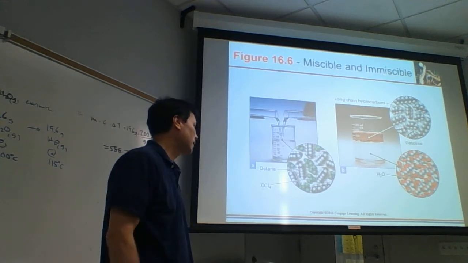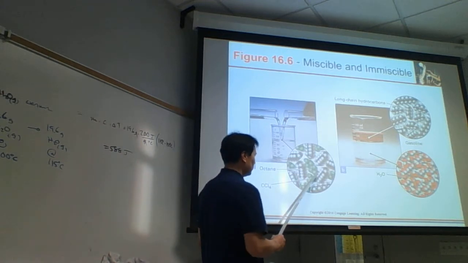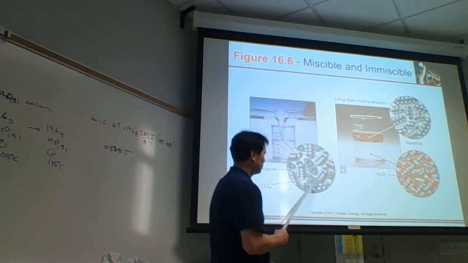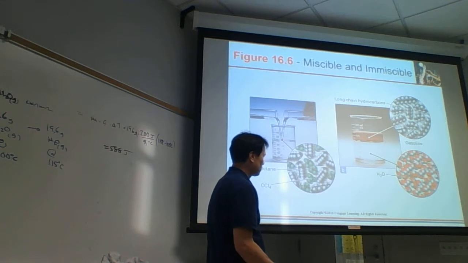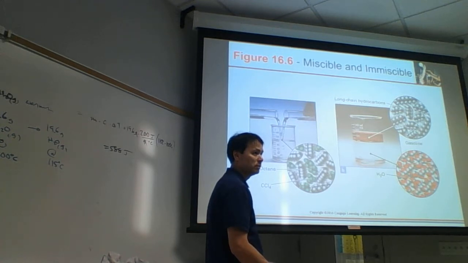And so they like each other because they both have London forces. There are other names. In addition to London force, you could call it dispersion. So London forces are these temporary dipole forces. Dispersion forces are these temporary dipole forces.